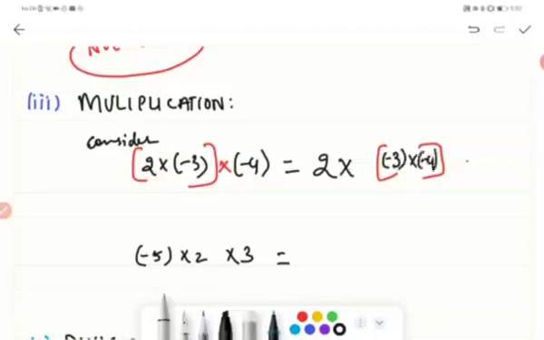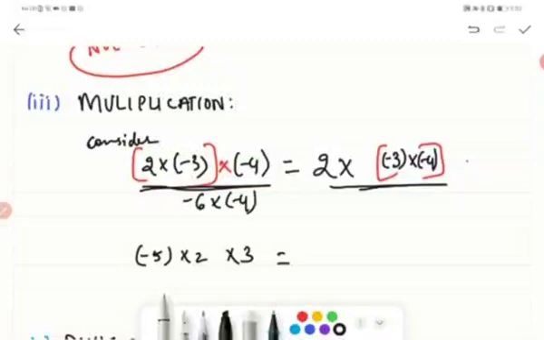Now tell me what is the answer on the left hand side and on the right hand side. Left hand side, it is in the bracket first, minus 6 multiplied by minus 4. So 6 fours are 24, minus minus sign will become plus in multiplication.